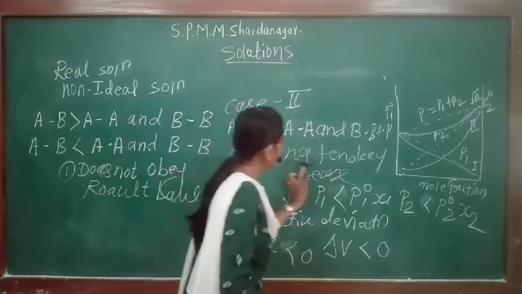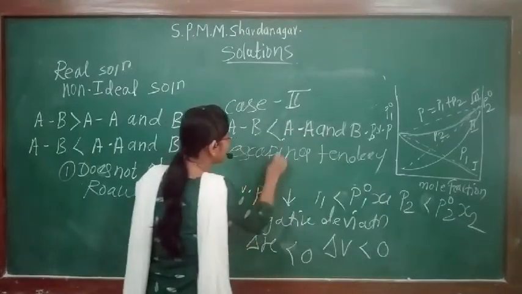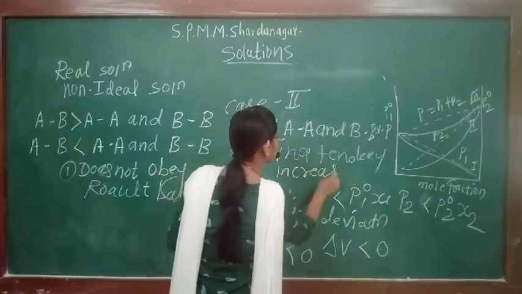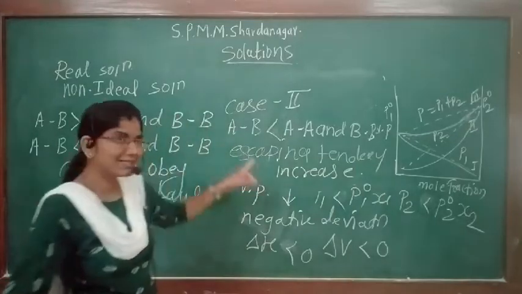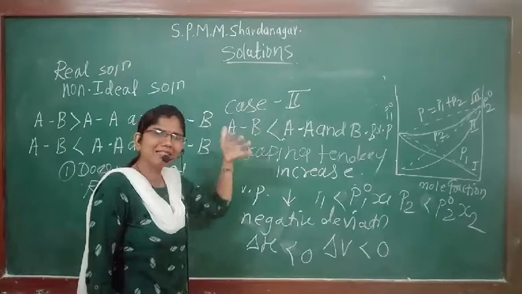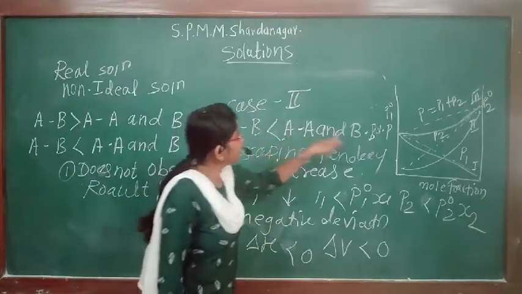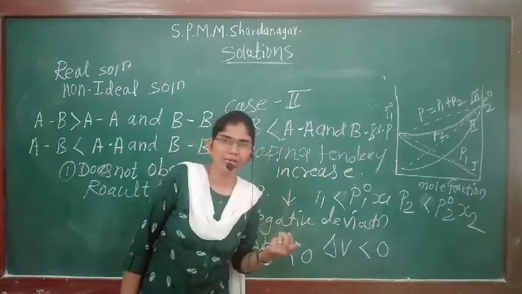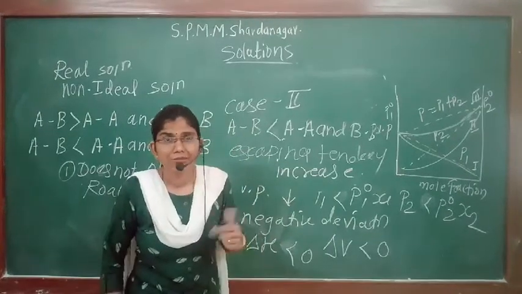The escaping tendency increases here. In the second case, if the interaction between solute and solvent is lower than the A-A and B-B interaction, then what happens?